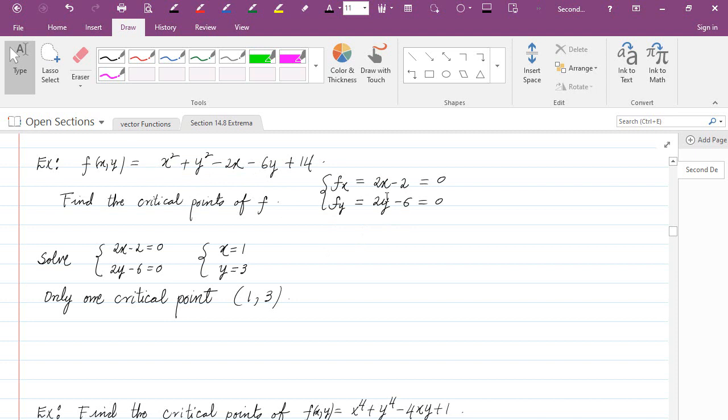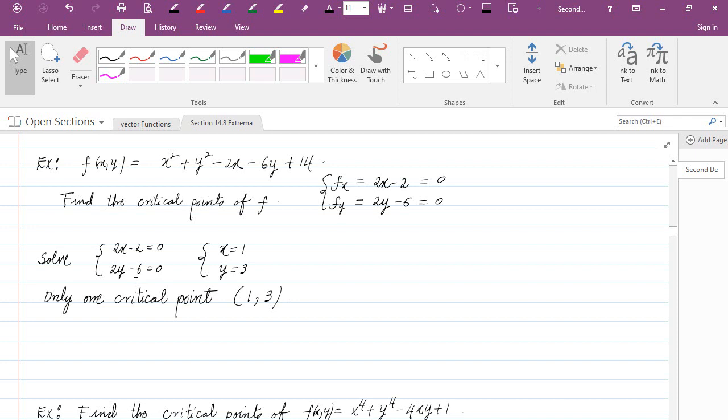So these are the partials, and to find the critical points, I have to find points where these partials are simultaneously zero. So that means I have to solve the system of equations where the first equation is 2x minus 2 is 0, and the second one is 2y minus 6 is 0. The first equation here tells me that x is 1.